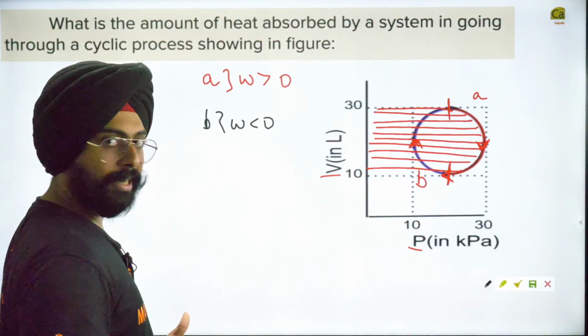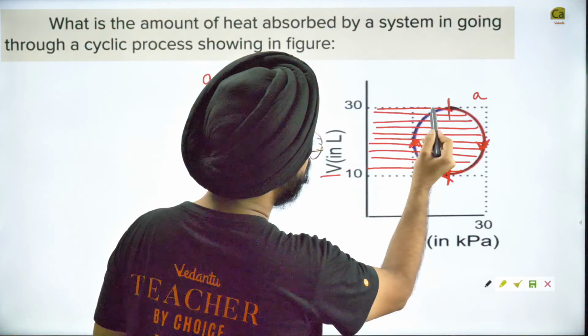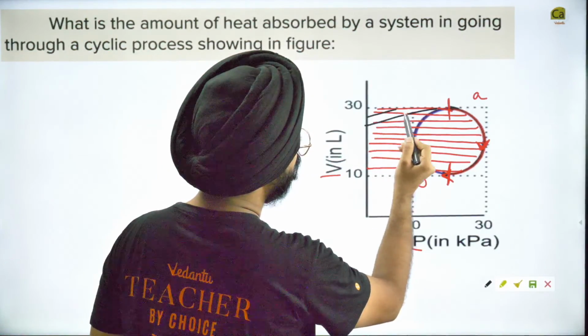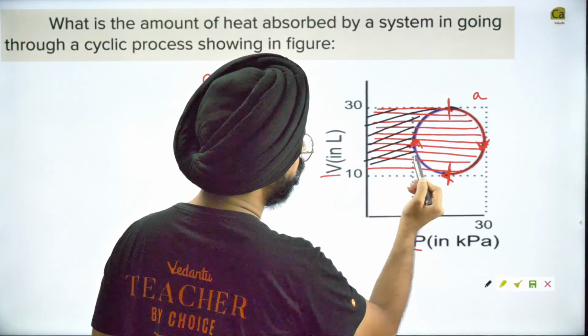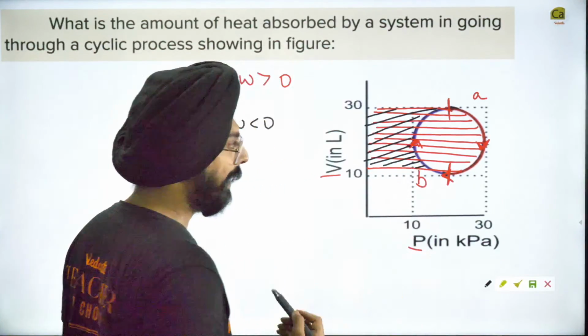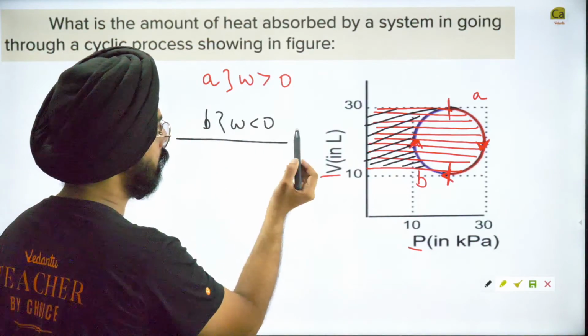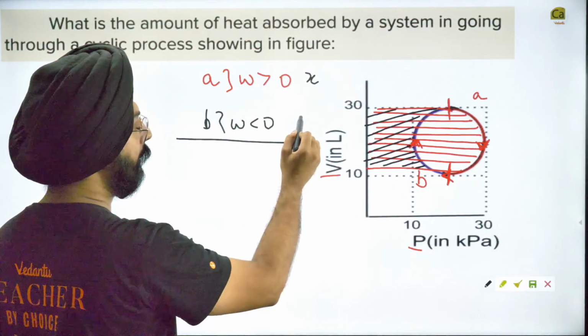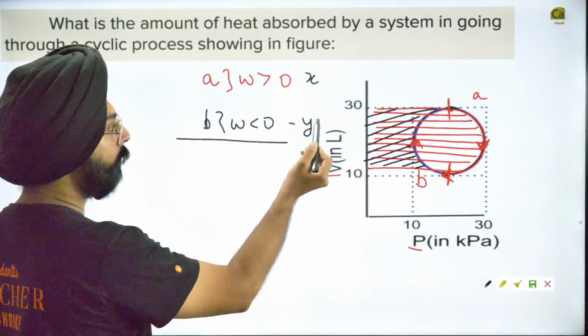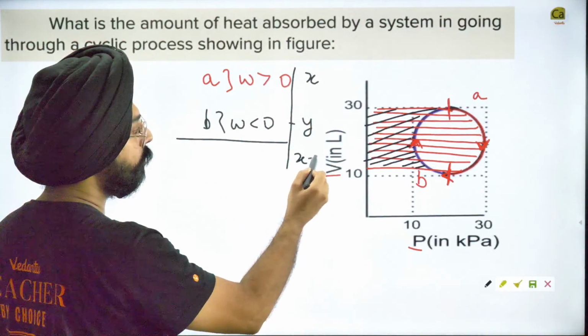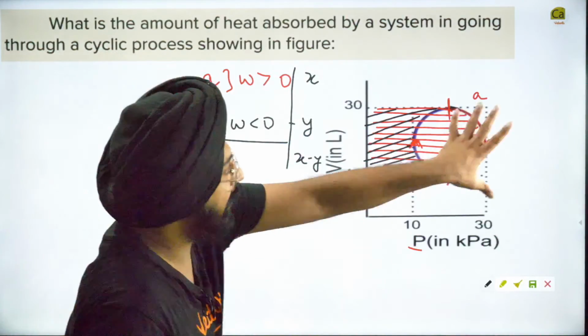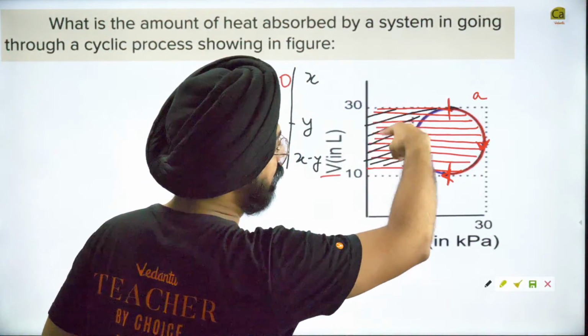This is the area for B. Can you see? So total work done, let's say this is X, this is Y with a minus sign because it is negative. Total work done will be X minus Y. This entire area minus this area.